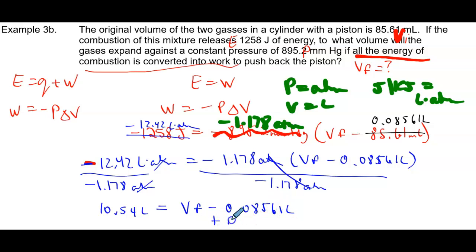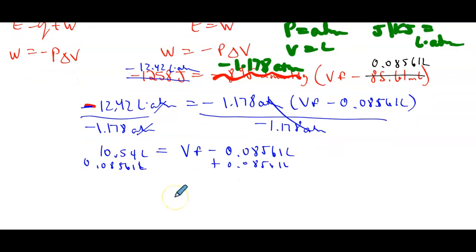So now we're going to add 0.08561 liters to both sides, and we will get our final answer of volume. So 10.54 plus 0.08561, and I'm going to get 10.63 liters equals VF.